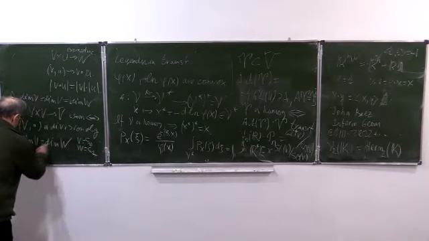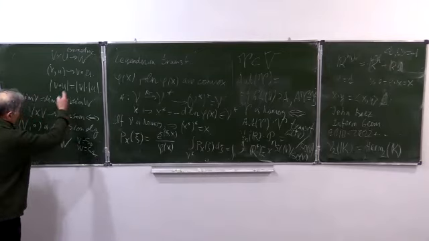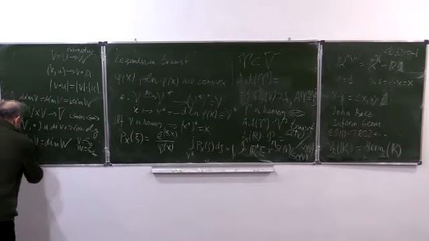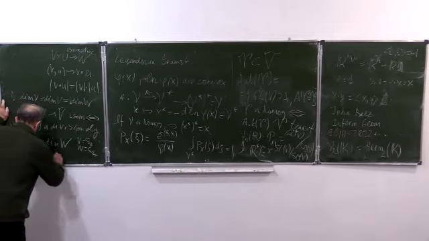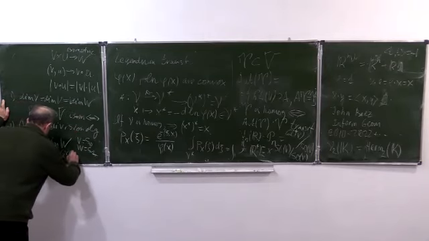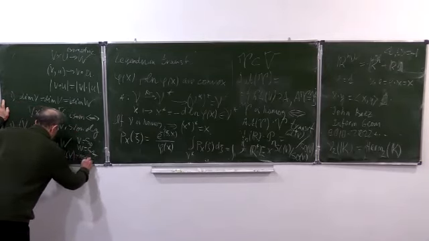Then it immediately follows that in this case, S equals S0 plus S1 is a graded Clifford V module.